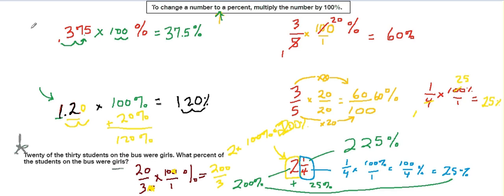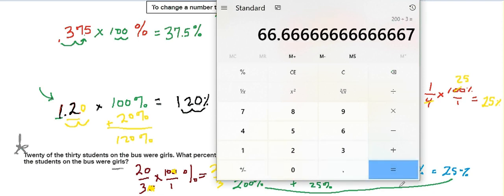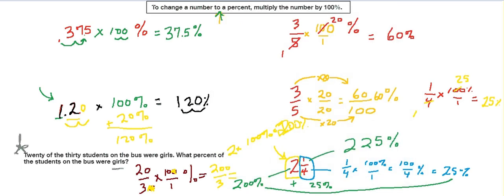Or is it? 200 over 3, when you actually divide this out, because the 3 on the bottom is going to make it a lot smaller, use a calculator and you find out that that is 2/3. That's what we want. It's 66.67%, or we could just say 66 and 2/3% are girls. Okay?